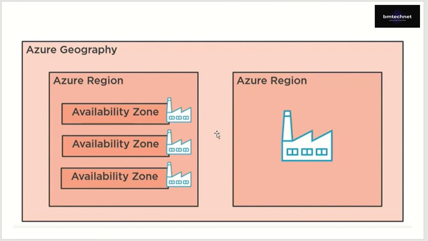We can also have a location with only a single availability zone, as shown in this picture on the right side. There is only one data center, but that is still considered an Azure region. When multiple Azure regions combine, or region pairs come up, that is called an Azure geography.